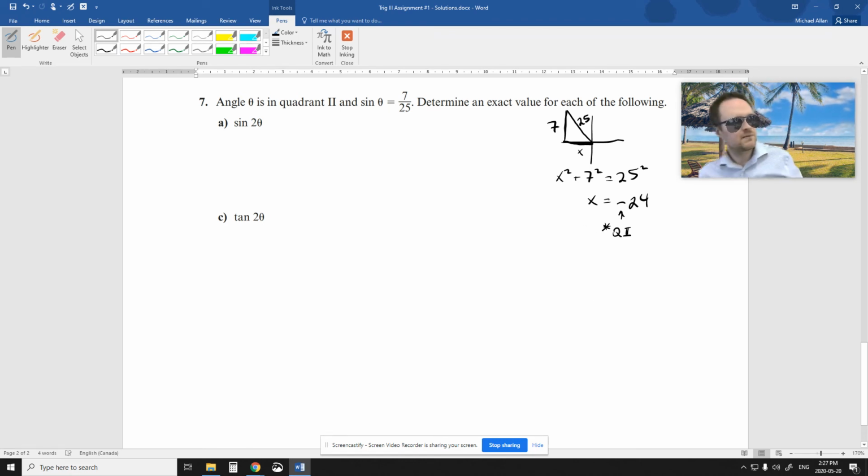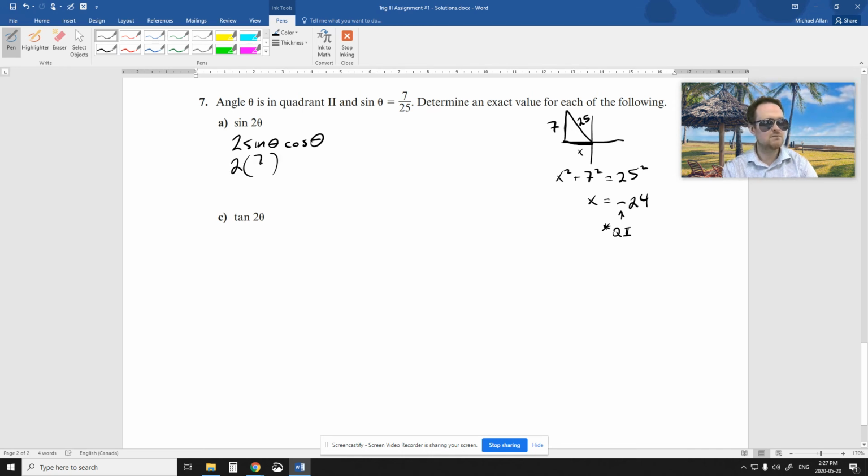Very important. Okay, so sine 2 alpha, or sine 2 theta. I'm going to get rid of the 2 part and just use the identity here. So I'm going to go 2 sine theta cos theta. There's only one of them to use. And I'm going to replace in the pieces that I know.